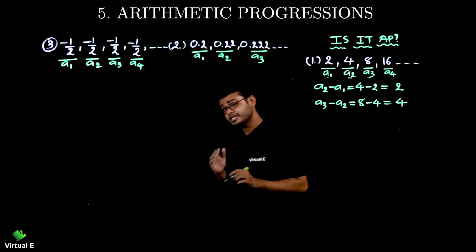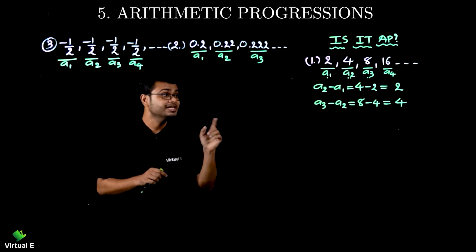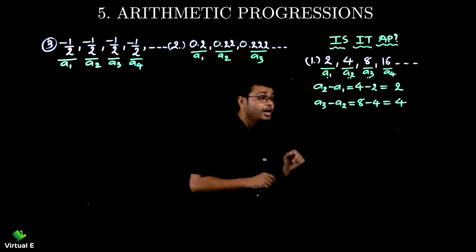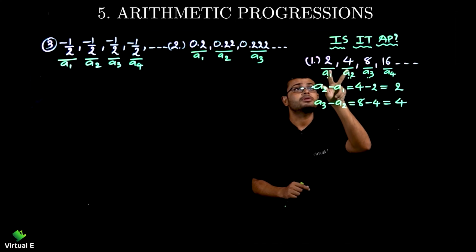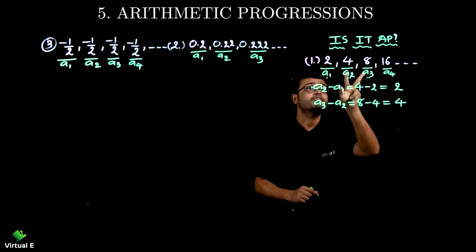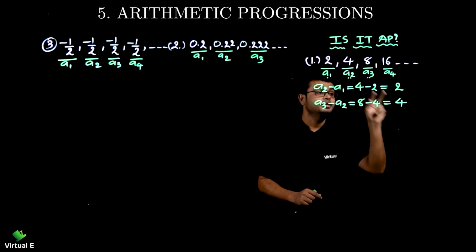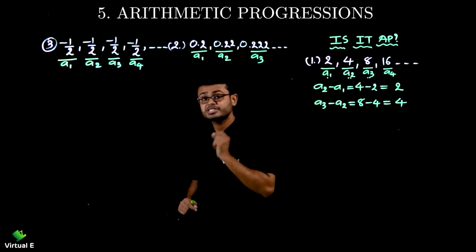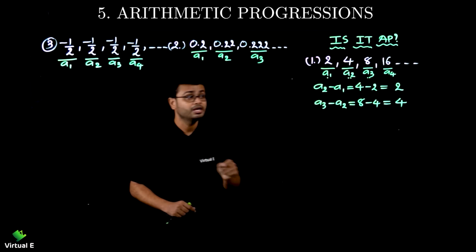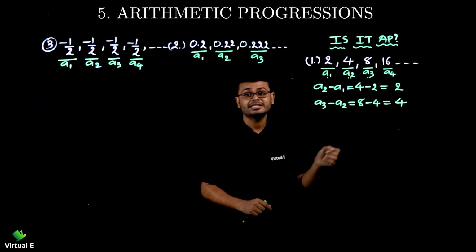Now tell me, is it AP? Can I consider this as AP? No, I cannot, because the difference between the first 2 terms is 2, but the difference between the next 2 terms is 4. The difference is not the same. If the difference is not the same, we cannot say that it is AP.